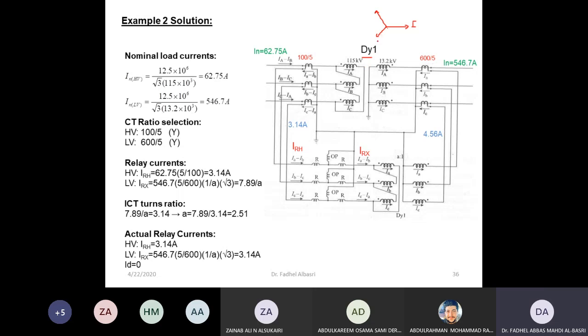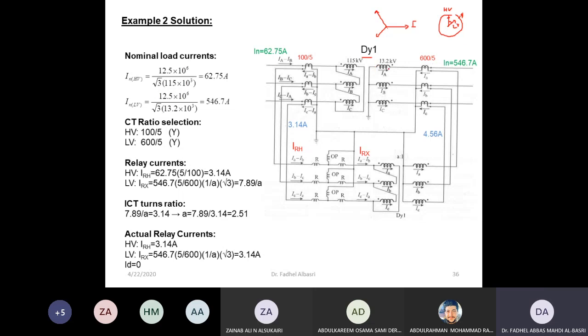I want a connection that makes the HV side. Now, what is 1 o'clock? 1 o'clock means if this is the 12 o'clock HV current, the LV current should be at 1 o'clock. This is the LV. And 1 o'clock means LV lags HV by 30 degrees.